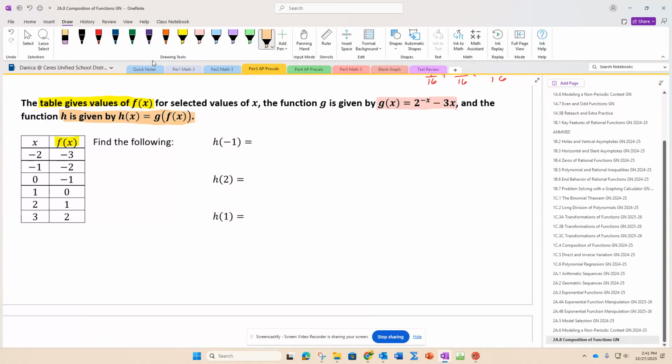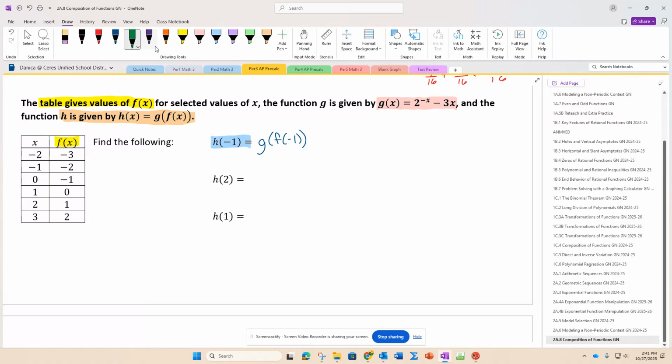All right, so the first thing that is best to do for h of -1 is to rewrite it in its composition form. So this would become g of f of -1.